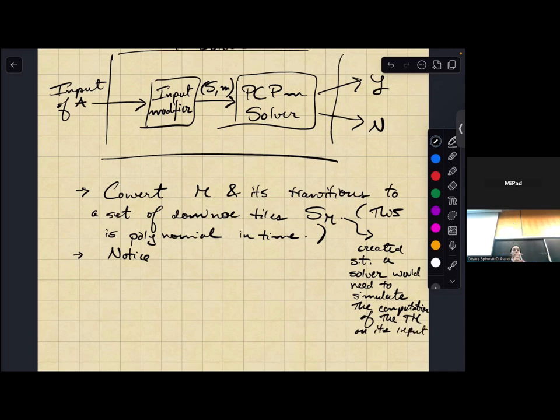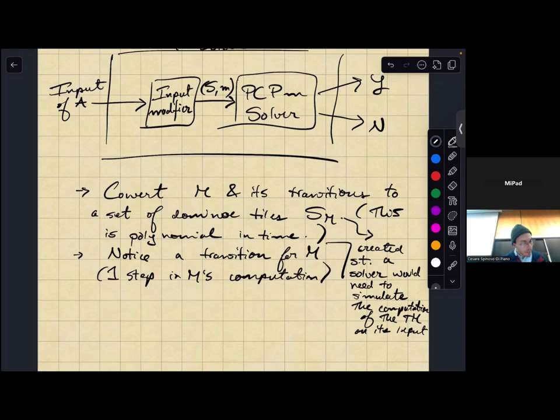What you need to notice then is that a transition, a single computational step for M, one step in M's computation, requires a finite number of tiles to represent it.